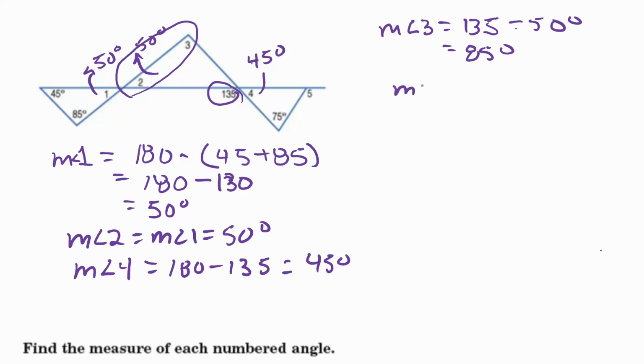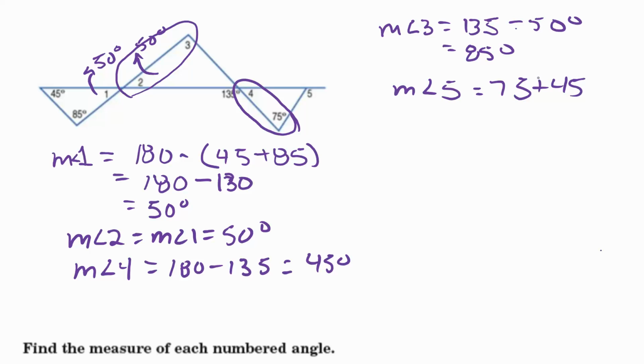Now the measure of angle 5 is the sum of these two remote interiors. So it'd be 75 plus 45.